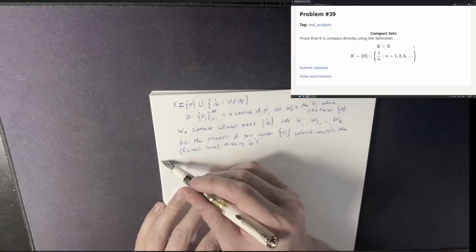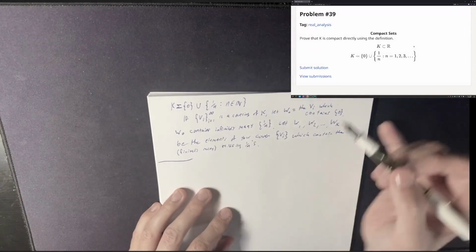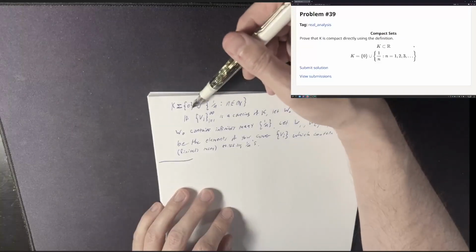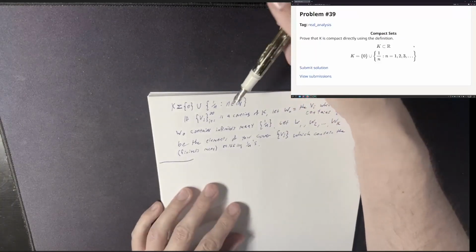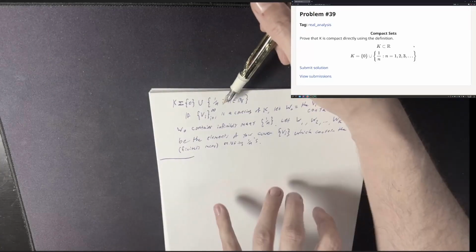And that's about it. So if you give me any cover at all, we could find a finite cover, mainly because one of them must contain 0, and 0 is a limit point. So it contains the vast majority of these points.